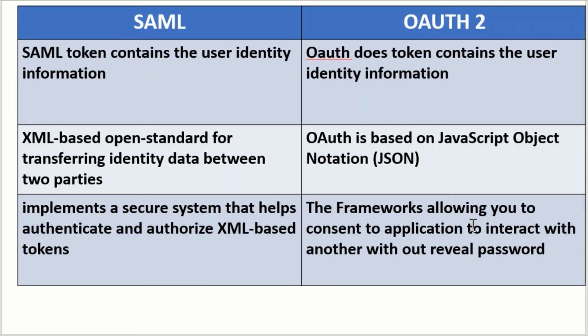OAuth 2 is a framework which allows just a consent to an application when it interacts with another application, without revealing the password. When we are accessing something like GitHub, it provides this authorization through, say, Gmail or Facebook.